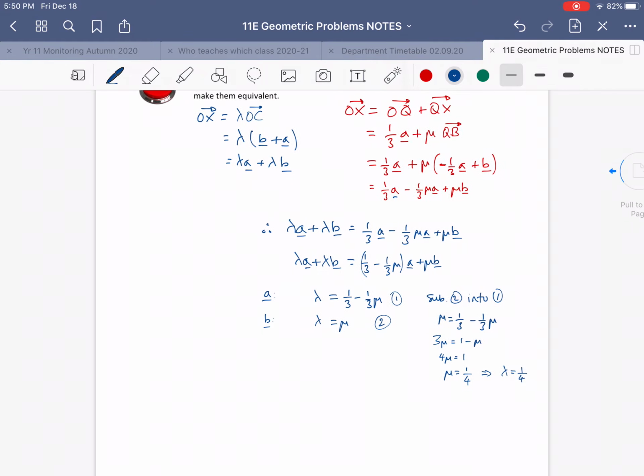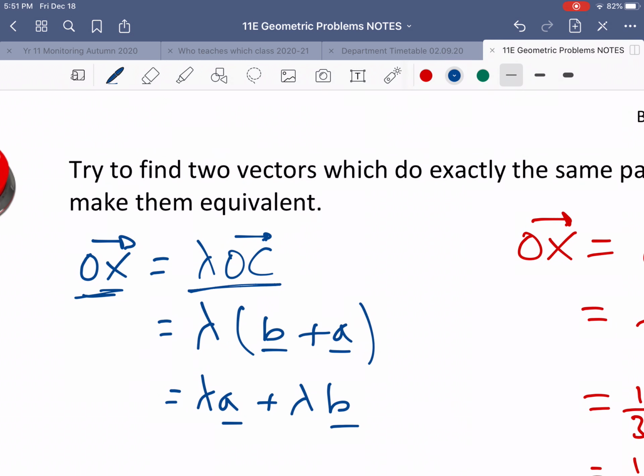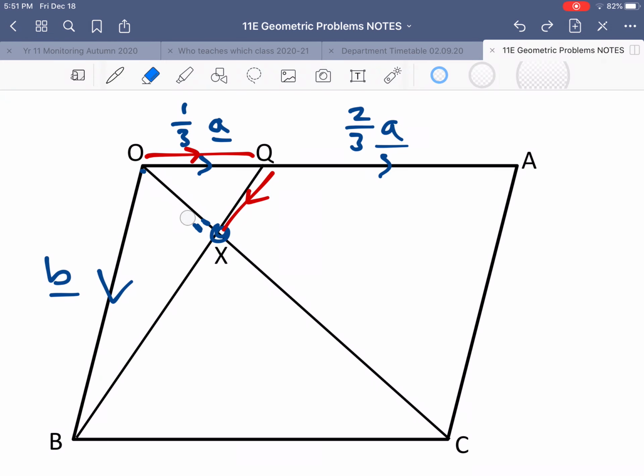Now, the question asked me, find the ratio of O to X and X to C. Now, I used my lambda here. I said O to X was equivalent to a fraction of O to C. Now, I know that's a quarter, so I know that O to X is a quarter of O to C. So this here, the bit I've just rubbed out, that there is a quarter of O to C. So I know that's just 1 part compared to 3 parts.